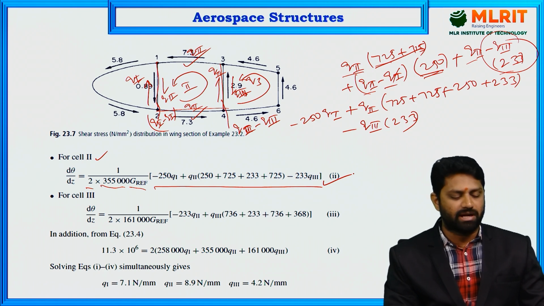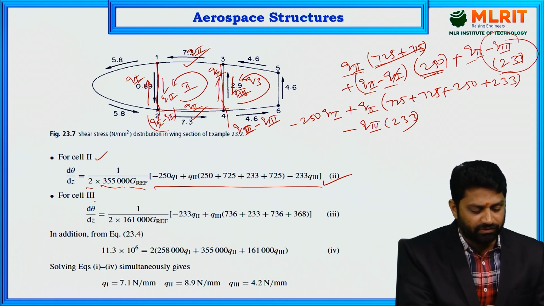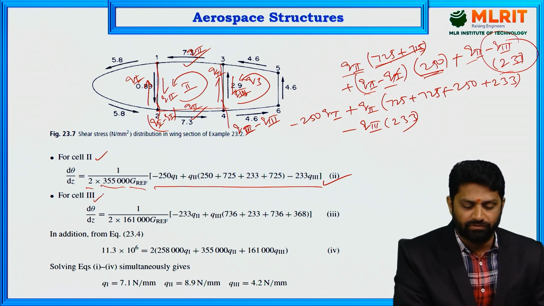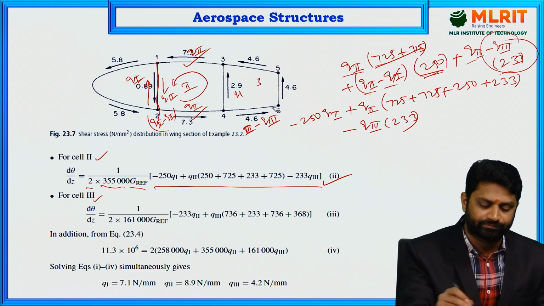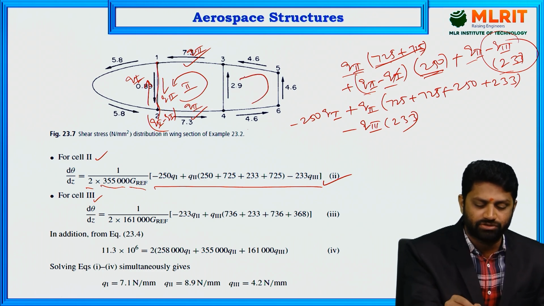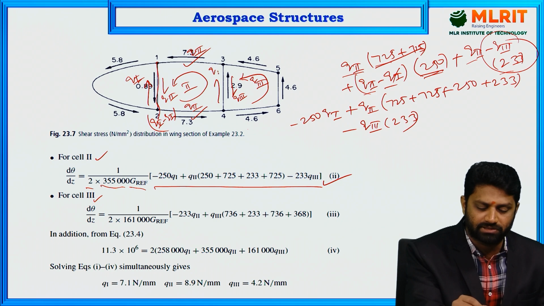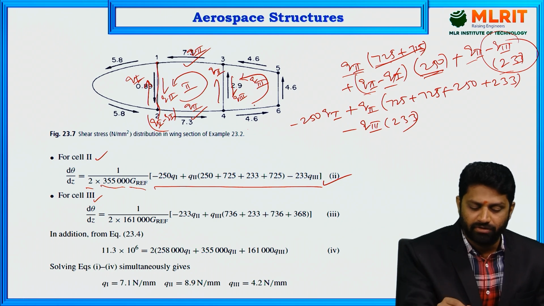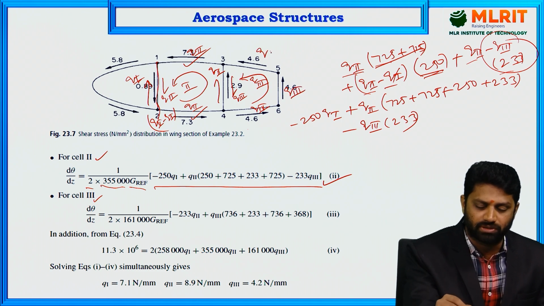In a similar manner, we try to write the rate of twist in cell 3 also. So if you look at this cell 3, we assume that the shear flow in this is Q3, and so therefore here the shear flow will be Q3, and here the shear flow is already there, that is Q2, whereas in this it is Q3, in this it is Q3, and in this wall also it is Q3.